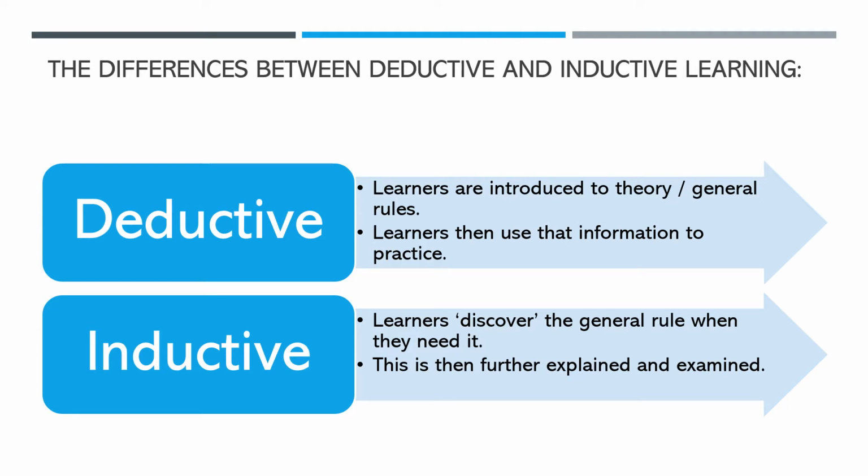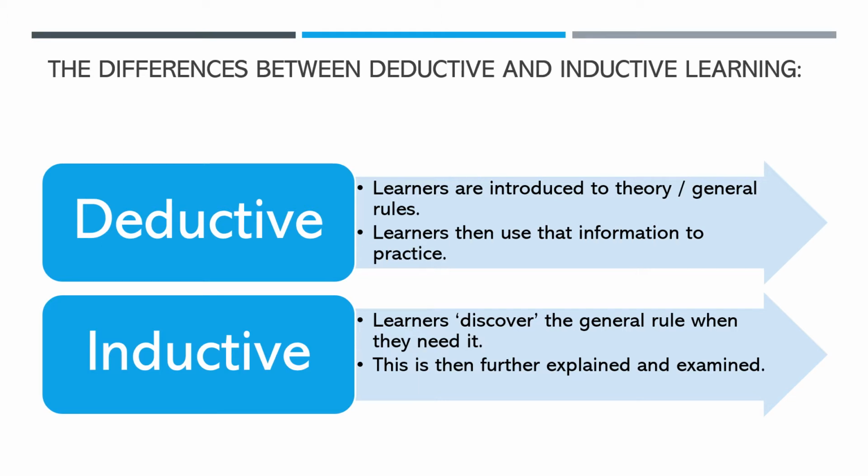You might explain it, maybe you give a little story beforehand, but you generally do PPP. In terms of the presentation, the explanation is very much deductive. So you give them the theory first, and then the learners will use that information to practice or to develop their own use for that information in their own way, hence production.